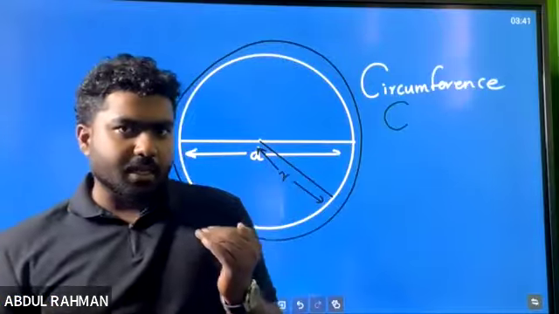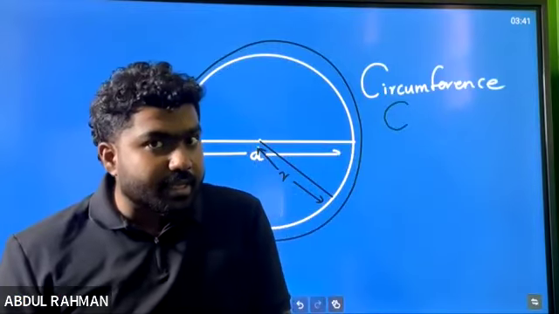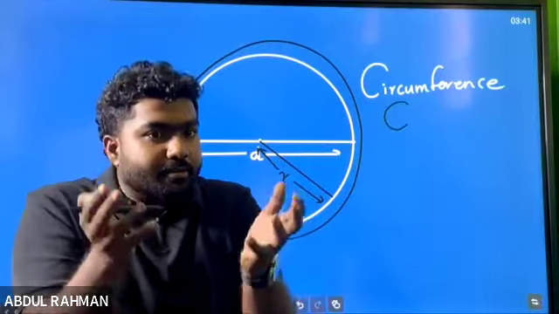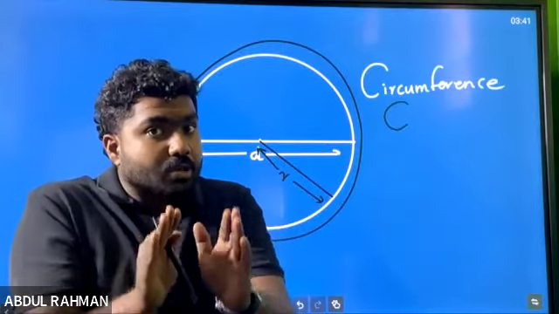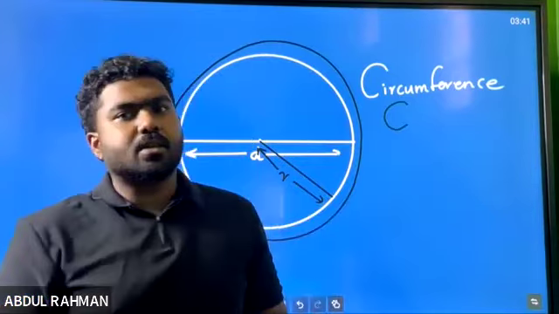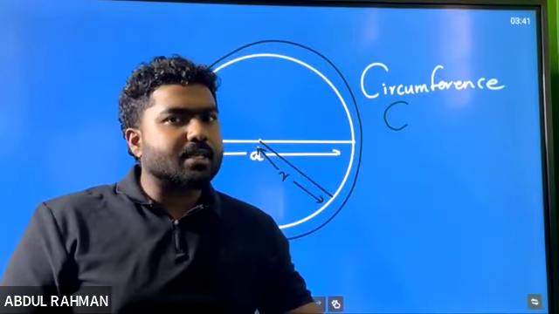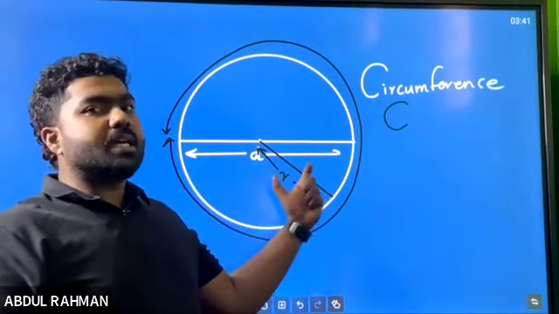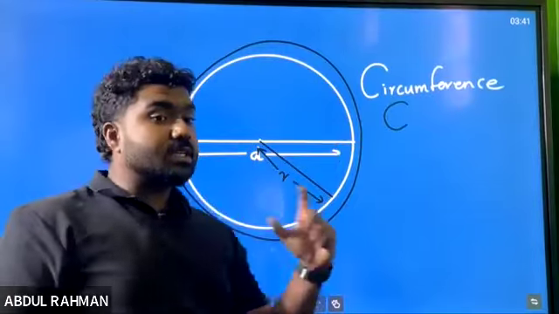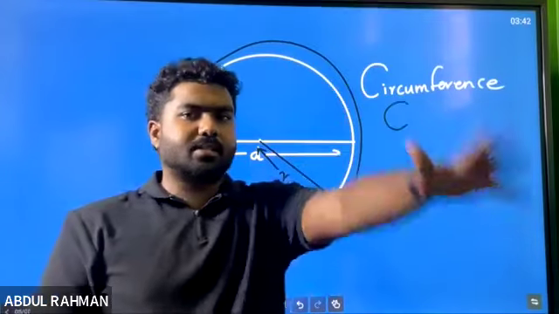Again I repeat: the whole curved length of a circle is called circumference, or in other terms, the perimeter of the circle.